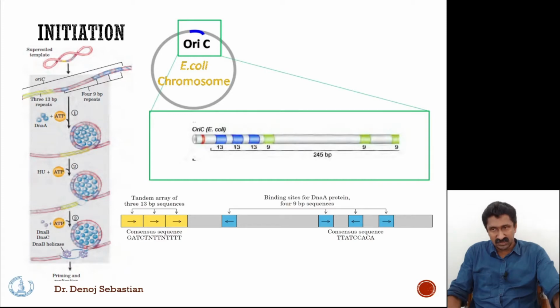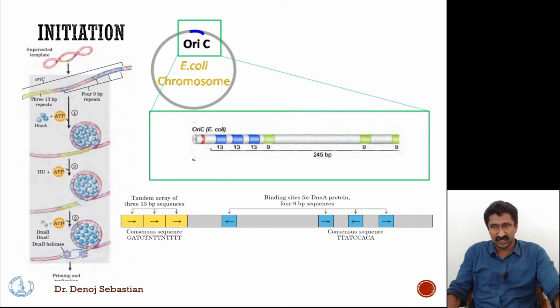So this structural change, which is caused by the binding of the DNA A protein ATP complex to the DNA, starts further structural changes and the unwinding of the DNA, which is required for DNA replication initiation.